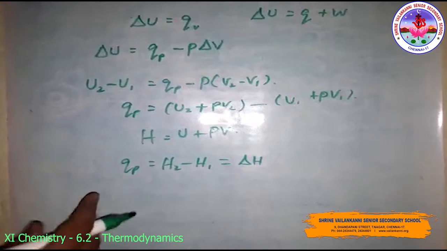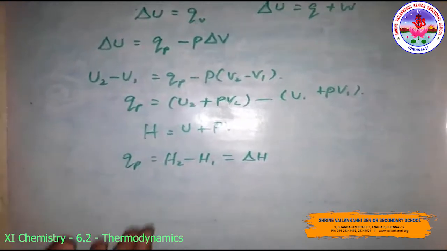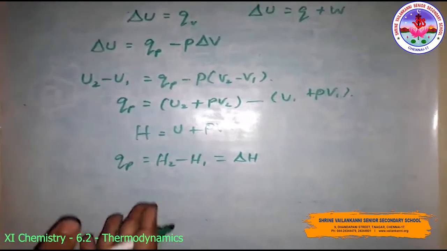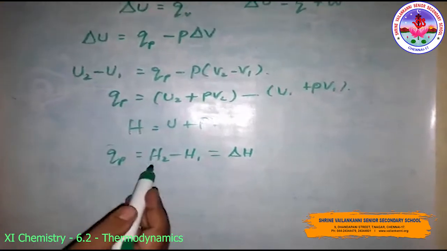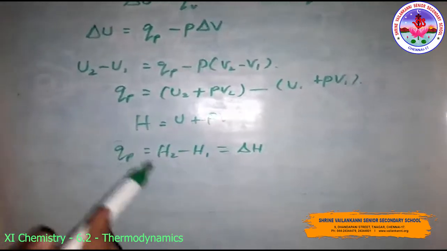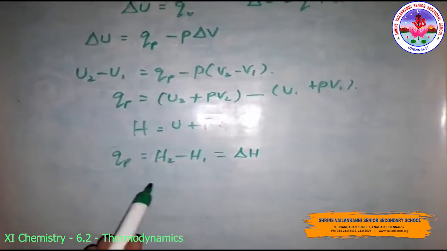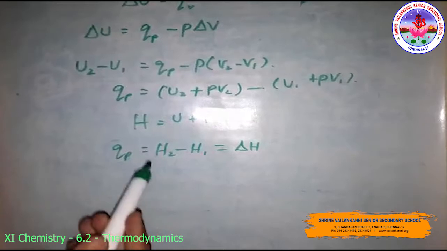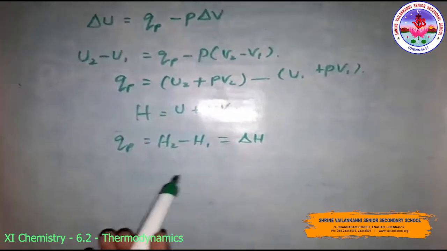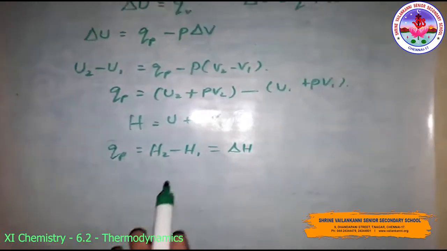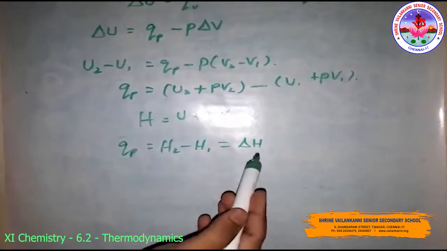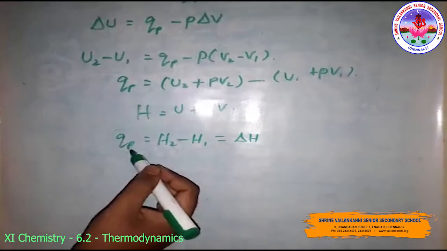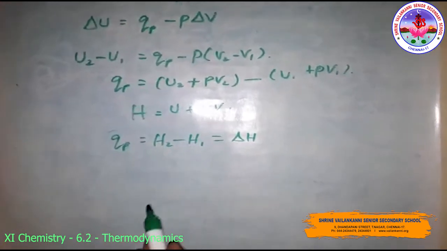Although Q is a path function, that is, a path dependent function, H is a state function. This is the path function, this is the state function, because H depends on U, the internal energy, P and volume V, all of which are state functions. Therefore delta H is independent of path, and hence QP is also independent of the path.